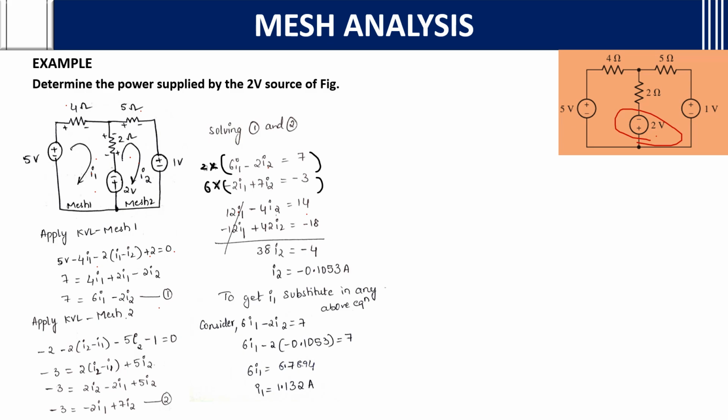So this can be cancelled, because plus and minus cancel. Then if you calculate, 38I2 equals minus 4, so you will get I2. To get I1, substitute in any of the above equations, and you will get I1 equals 1.132 A.